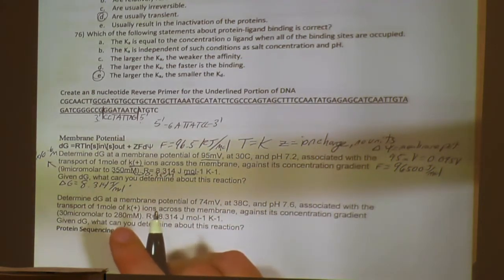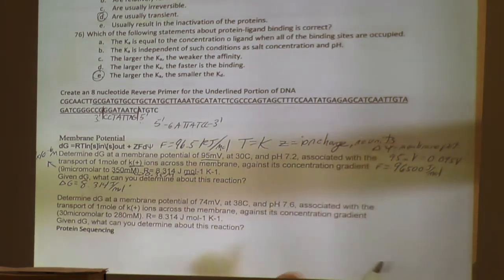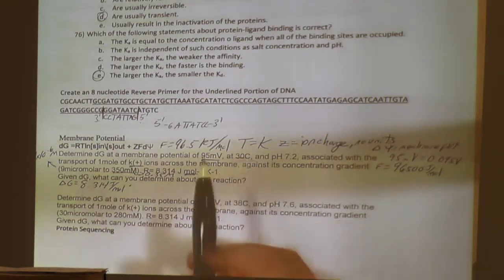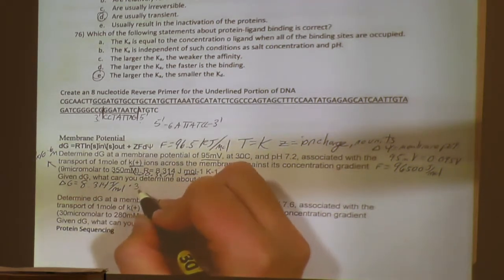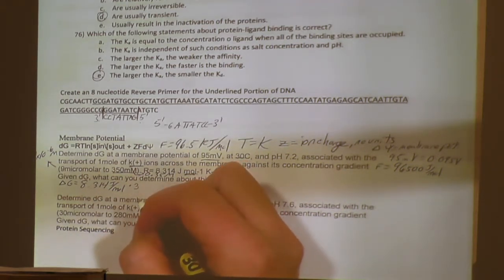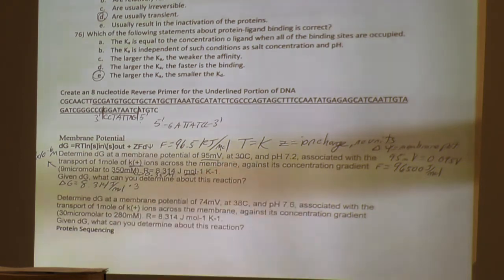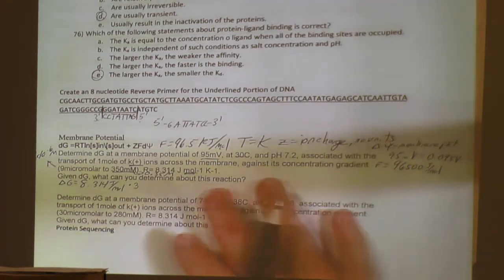Times. So what would our temperature in Kelvin be if it's at 30 degrees C? Yeah, 303. It's 273 that you add to your Celsius.